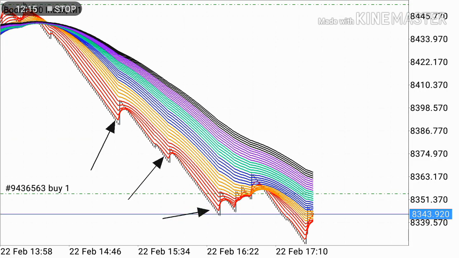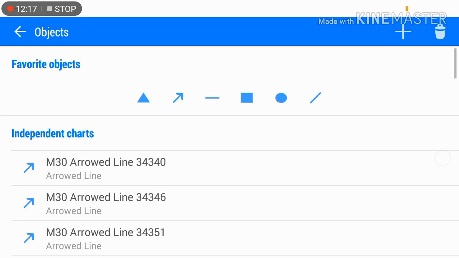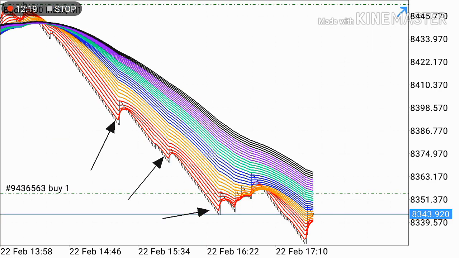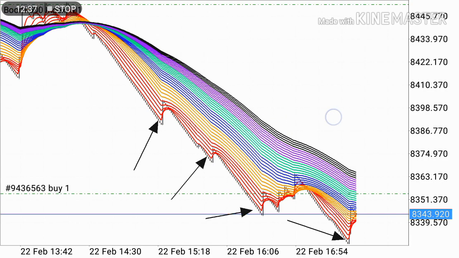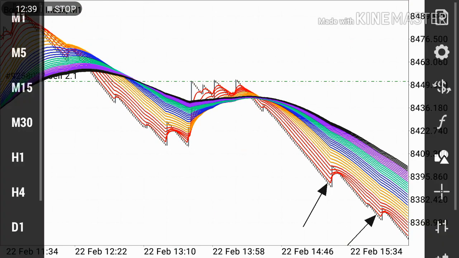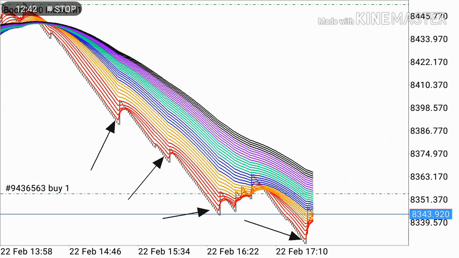Look here. Once the market touches the last moving average, place your trade for the spike. And look here, my buy is running for spikes.